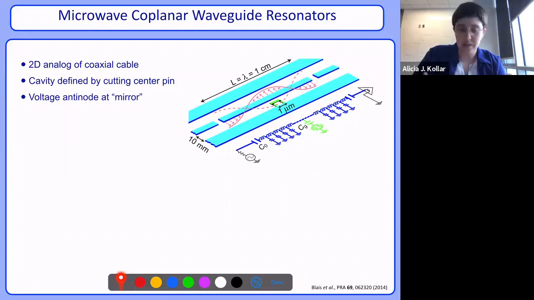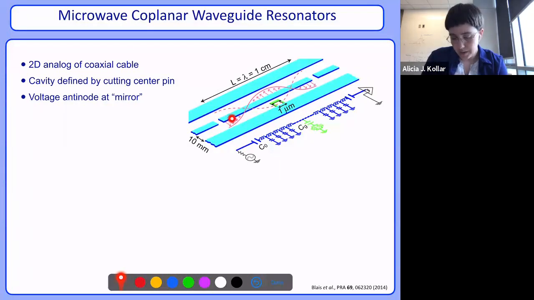Then the central piece, which we call a center pin, is not connected in any way to the ground around it. This is a two-dimensional version of a coaxial cable, the things that used to connect televisions, or BNC cables if any of you had lab courses. This is just a two-dimensional version of that kind of cylindrical waveguide.